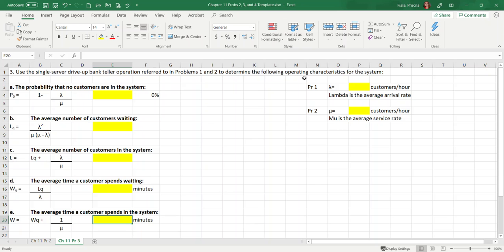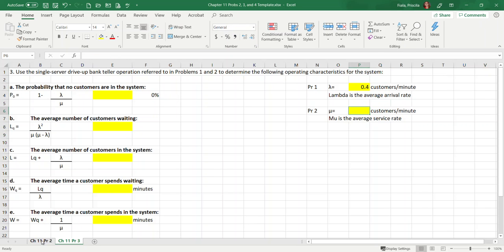If you go back to problem 1, you're going to say the arrival rate was 0.4 customers. Is it per minute or per hour? It's per minute. I want to make sure you have the correct information. Okay, so we're working in minutes.